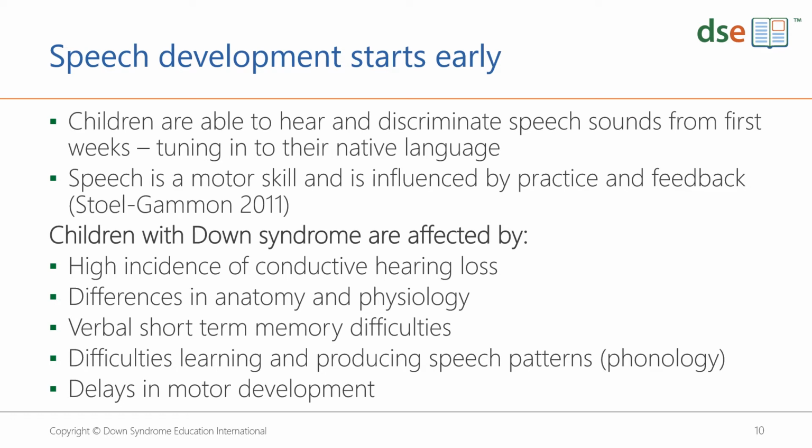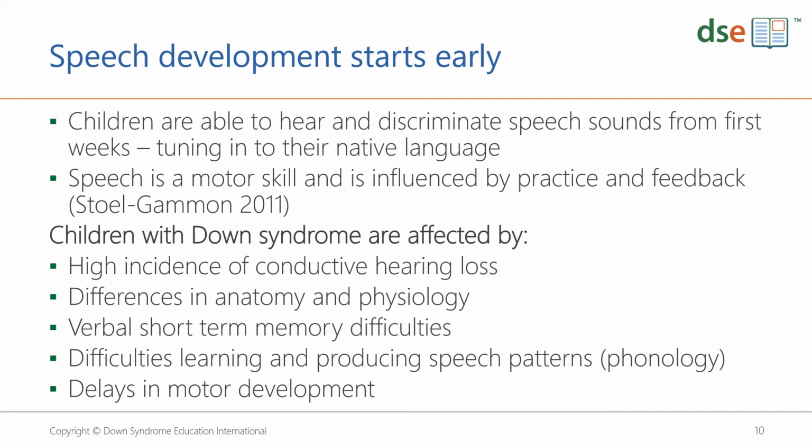It's also the case that speech development starts very early. Research has shown that children can hear and discriminate speech sounds from the earliest weeks of life. And these studies show that children can hear the sounds in any language at 4 and 5 weeks of age. But by 12 months of age, they're not so good at discriminating sounds in Chinese, Japanese, Russian, French, Italian, if actually what they've been listening to is English.